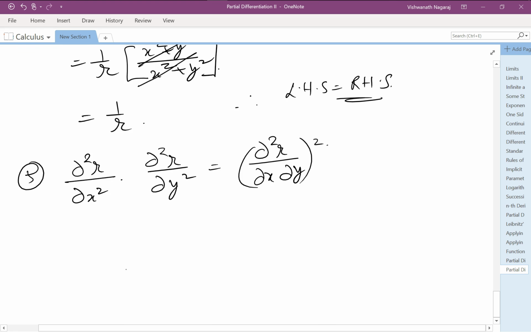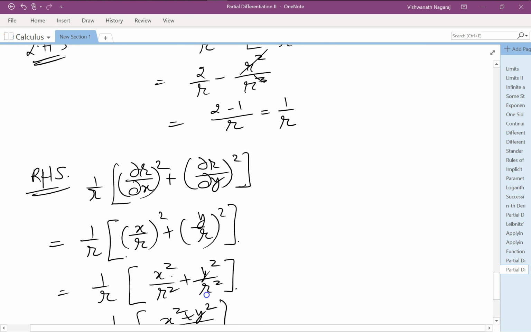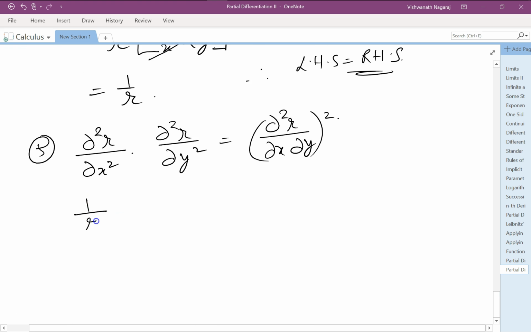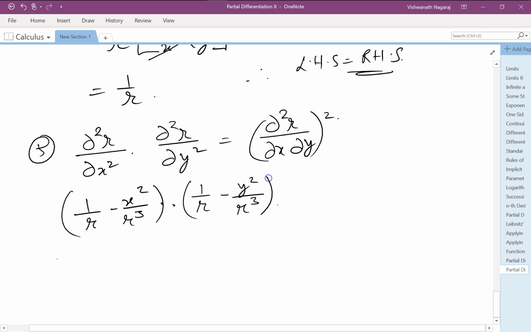Now dou square r by dou x square is 1 by r minus x square by r cube, times, now dou square r by dou y square, which is 1 by r minus y square by r cube. Yes. Now let's continue with this LHS itself.